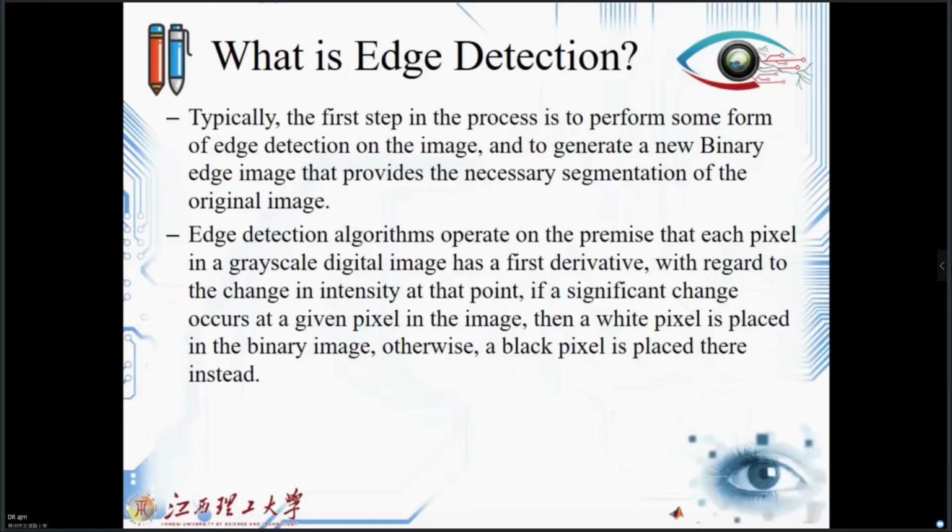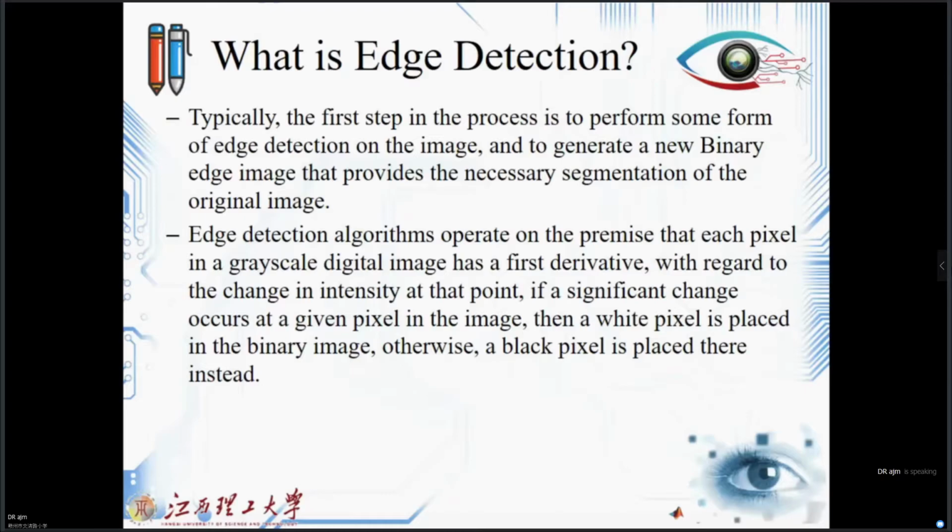Edge detection algorithms operate on the premise that each pixel in the grayscale image has a first derivative with regard to the change in intensity at that point. Then what we know as the edge is the difference between intensities.